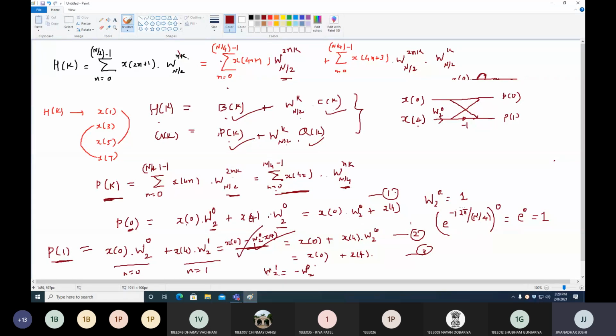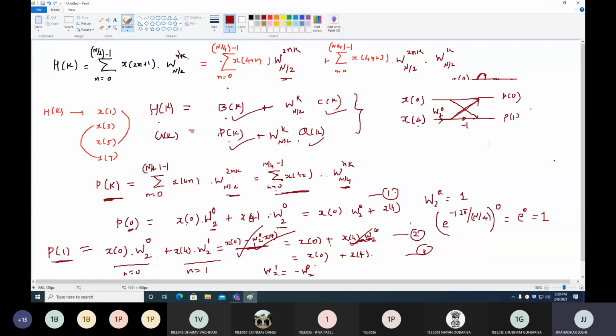Similarly, the equation of p of 0 is also matching. See, p of 0 equal to x of 0 plus x of 4 into W2 raised to 0. So that is going from this line. Okay. So both of these equations are now validated.